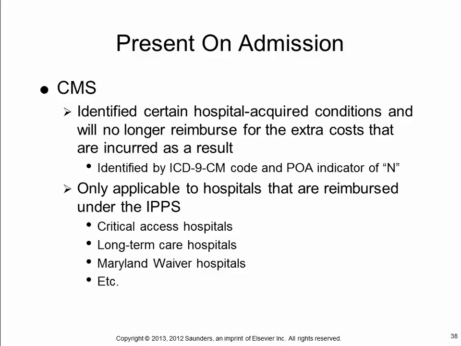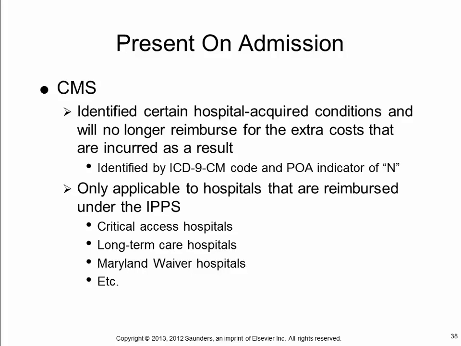This is only applicable to hospitals that are reimbursed under the IPPS, which is the Inpatient Prospective Payment System. And you will learn more about this when you take your reimbursement methodologies class next year. However, there are hospitals that are exempt.